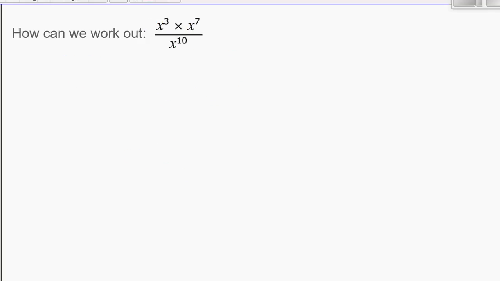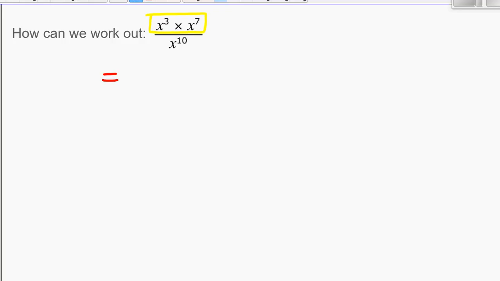Here is another question. How can we work it out? What I'll do here is start with the terms in the numerator. So this will be equal to, in the numerator, x to the power 3 multiplied by x to the power 7.